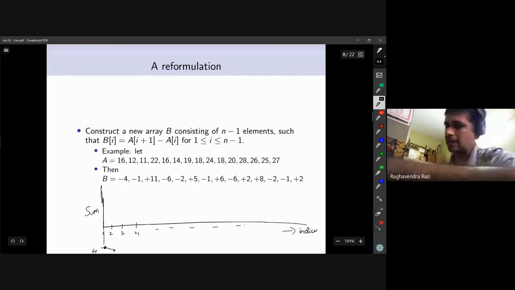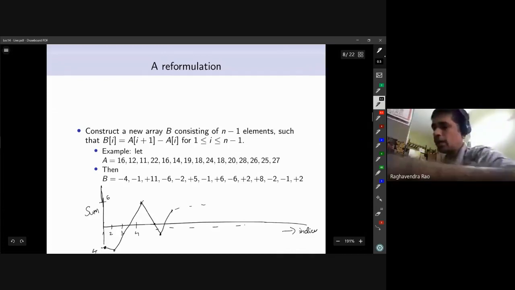And then plus 11, then this goes up. So 11 plus minus 5, which is 6. It goes up like this, and then minus 6, which becomes 0, right? And so on, then minus 2, then plus 5, and so on.